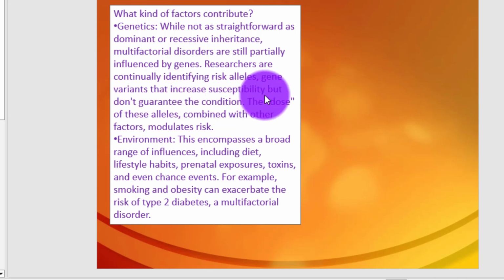Gene variants that increase susceptibility but don't guarantee the condition. The dose of the allele combined with other factors modulates risk. Environment.